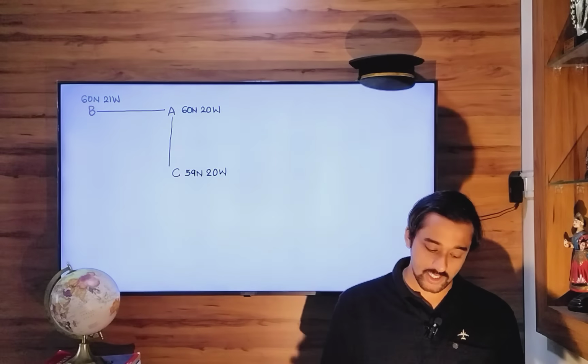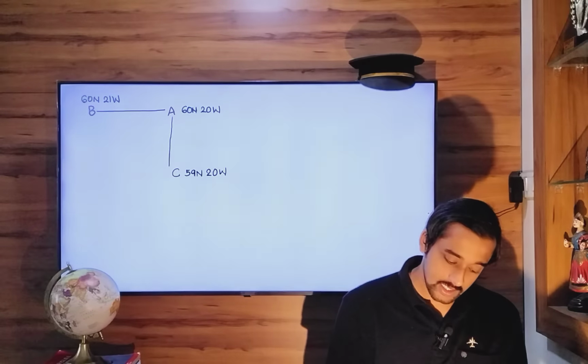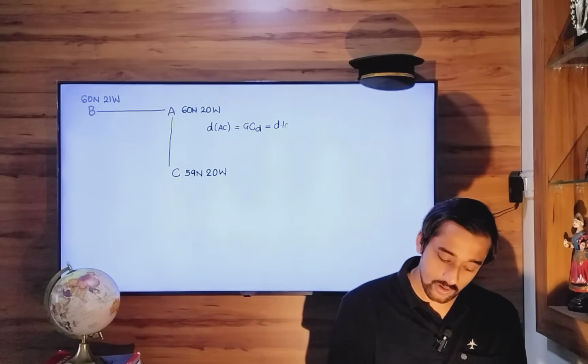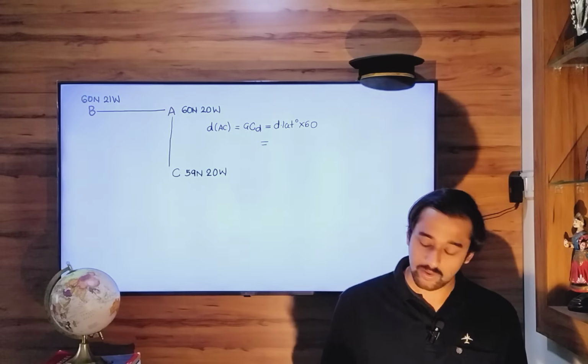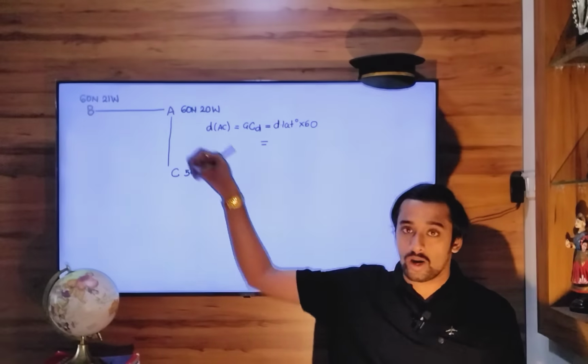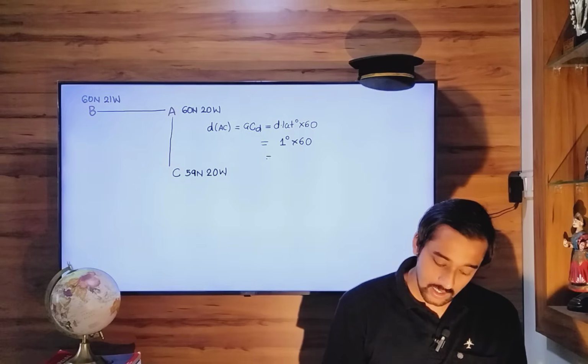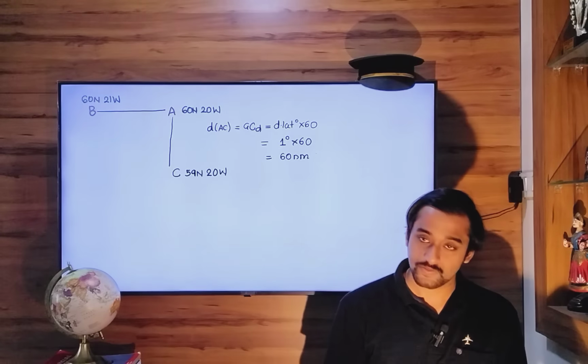Now you have to first find distance AC. Distance AC is nothing but your great circle distance, difference in latitude into 60. The difference between these two latitudes is 1 degree into 60, which is 60 nautical miles.